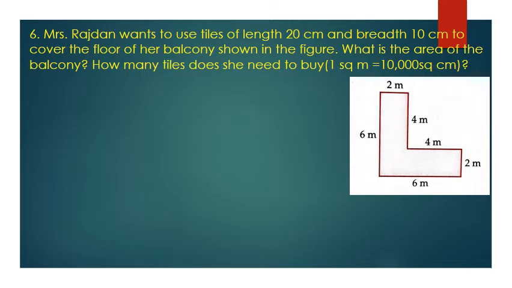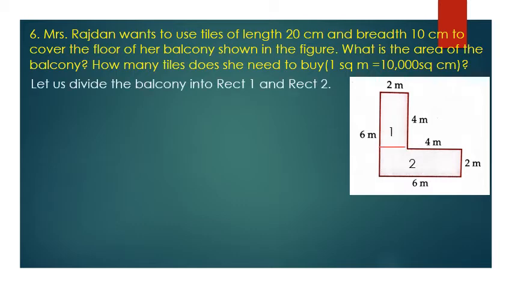So now children, look at the figure. In the figure you can see the picture of the balcony, right? Now let us see how we are going to solve this word sum. First of all, let us divide the balcony into two rectangles, rectangle 1 and rectangle 2, as shown in the figure.